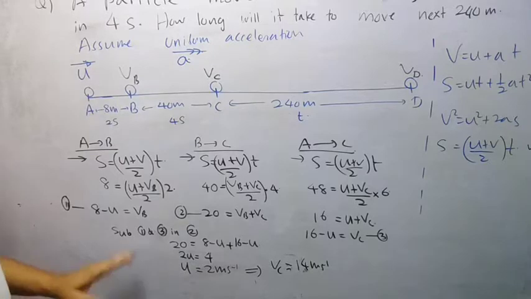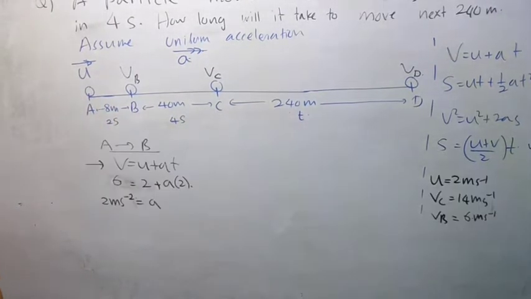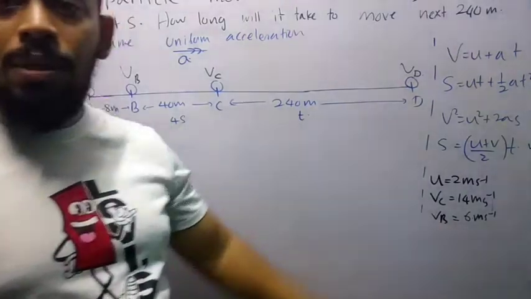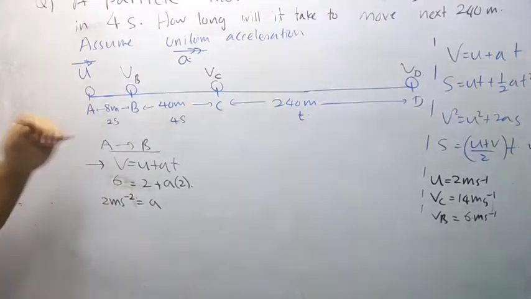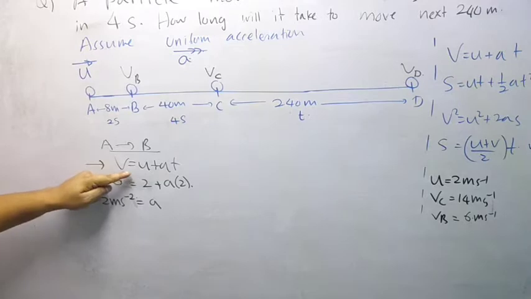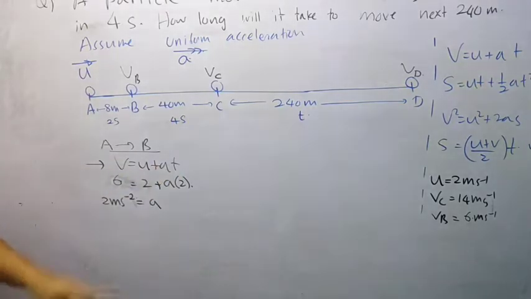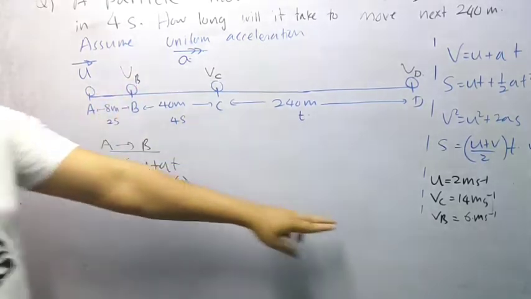So let me erase the board and do this again. Right, so I also found VB, which is 6 meters per second from equation 1. Then I'm going to use another equation, V equals U plus AT, because we know the final velocity from A to B, which is 6 meters per second.